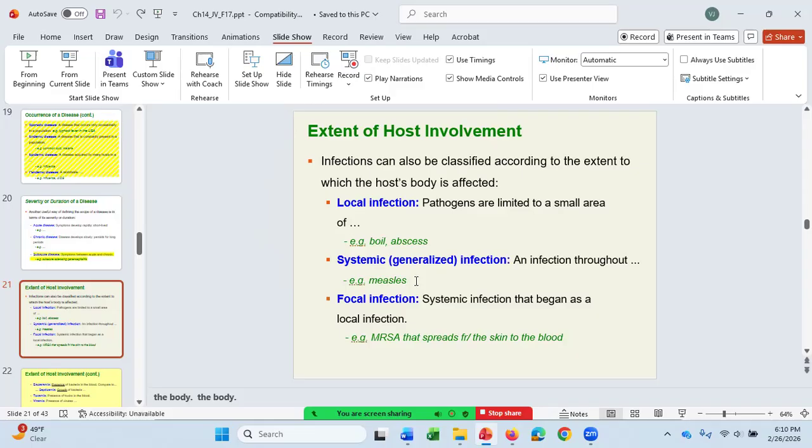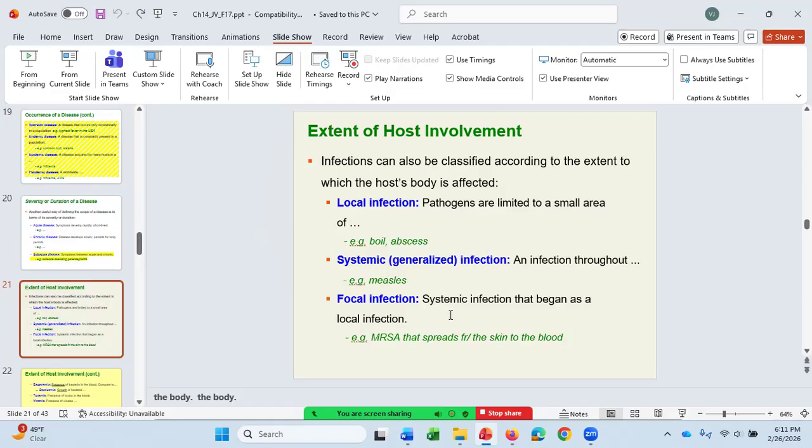But my point is, it's a systemic generalized infection where the disease is growing essentially everywhere in the body. If it's not everywhere in the body, it's close to it.